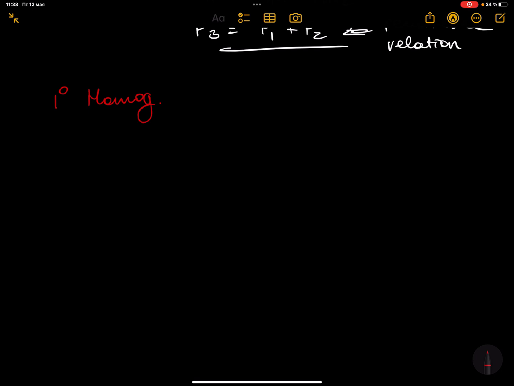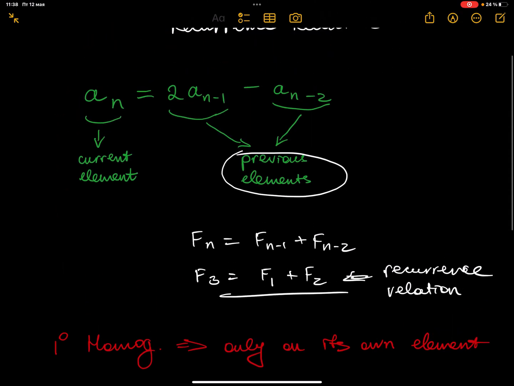What I mean is that it depends only on its own elements. The example I wrote here is homogeneous because it depends only on the previous elements, the terms of the sequence. There is nothing else there.